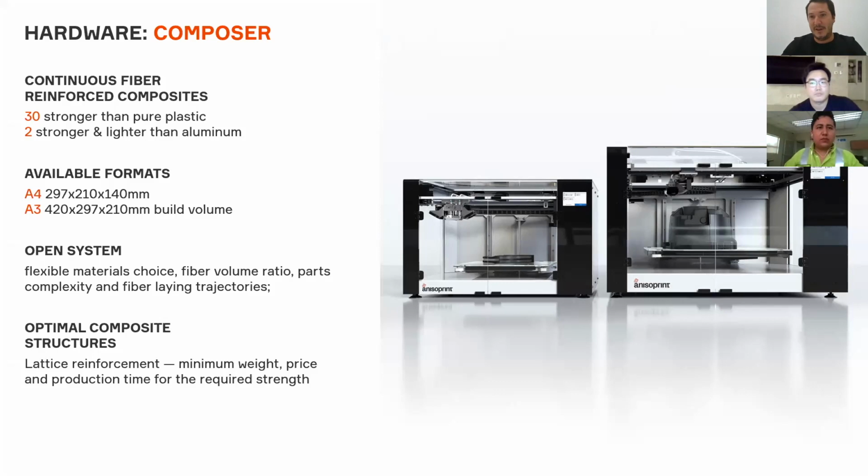There is nothing new. These are the machines that we have been selling and shipping worldwide for 2 years already, and I think some of you are already experienced with these machines, and you know a little bit about the hardware and the technology, so there is actually nothing new.